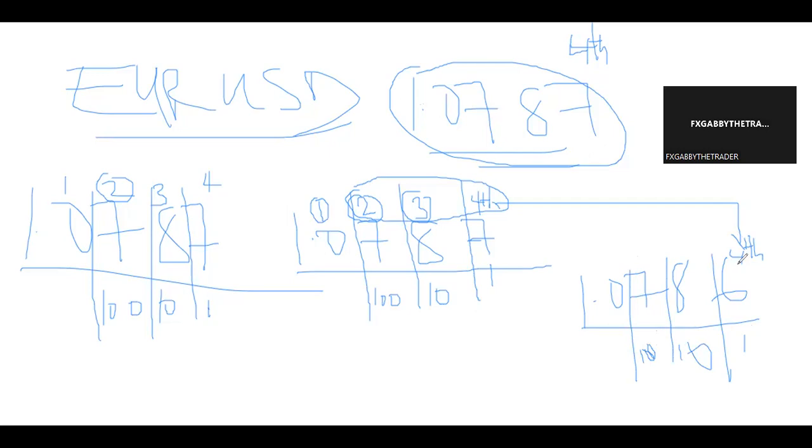And then number 6, is it tens or units at that place from where we label it? Is it tens or units? It's a unit, sir. Yeah. So that means if Euro USD was buying or selling at 1.0787, then now instead of the number standing as 7 or increasing to 8, we have decreased to 6.